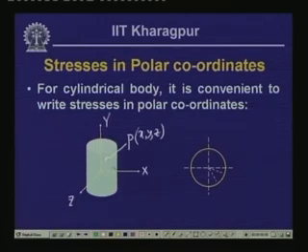Also, this particular point can be represented through another reference system: if we project this point on this x z plane and draw a line over here, this particular angle we define as theta, this projected length is the radius vector r, and this distance is y, then the coordinate of this particular point can be expressed as a function of r, theta and y.